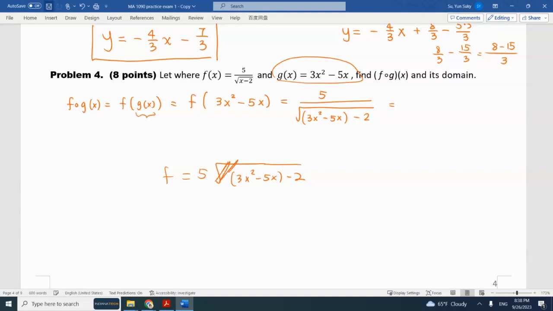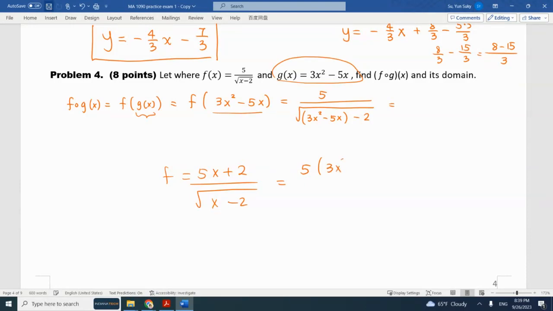So maybe your f has more than one place with x. For example, maybe you have like 5x plus 2 all over square root of x minus 2, something like this. Then you're doing 5, and then you plug in this new thing here.